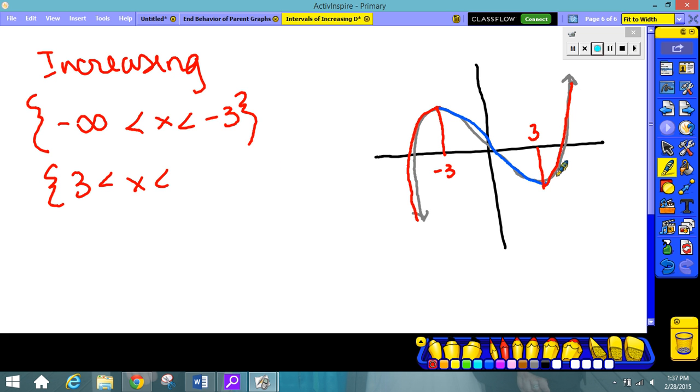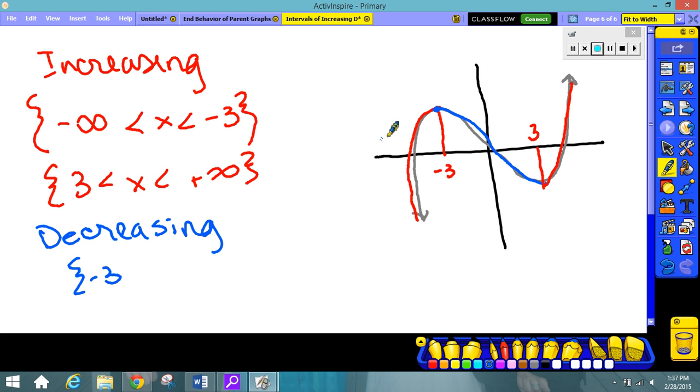And as it increased, it did move farther to the right to positive infinity. So those were our two intervals of increasing. Decreasing, the graph began to decrease at -3, and it stopped decreasing when we reached the +3.